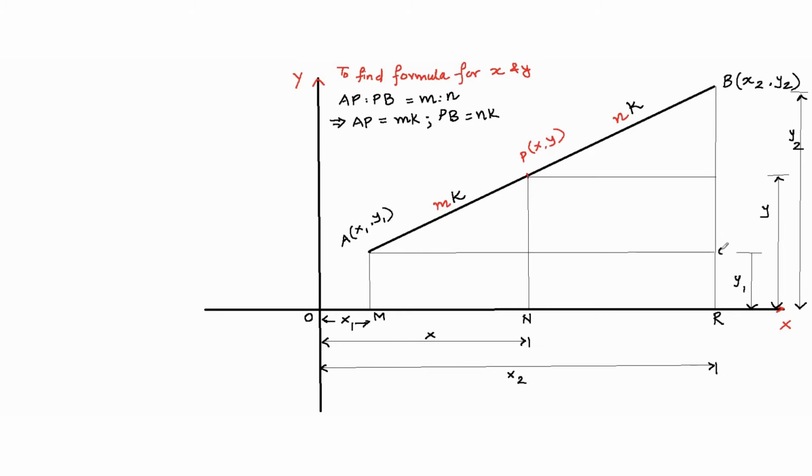Similarly, the distance between Q and R is y1, because that's the y coordinate of point A. The distance between S and R is y, because that's the y coordinate of point P. And of course, the distance BR is y2.